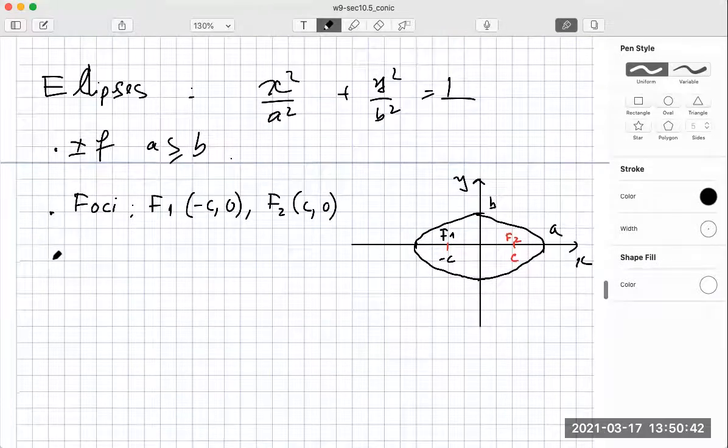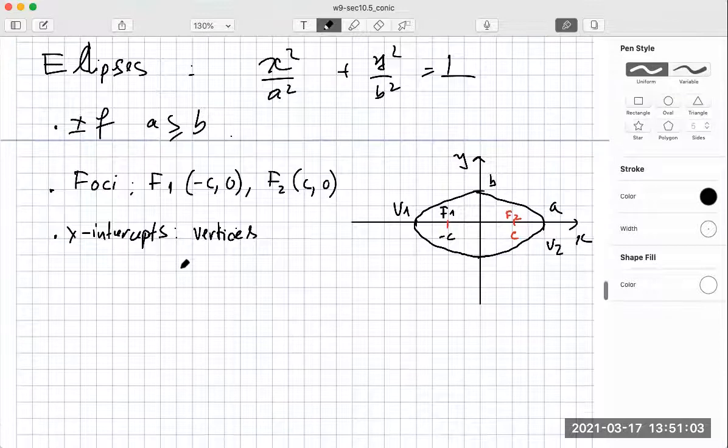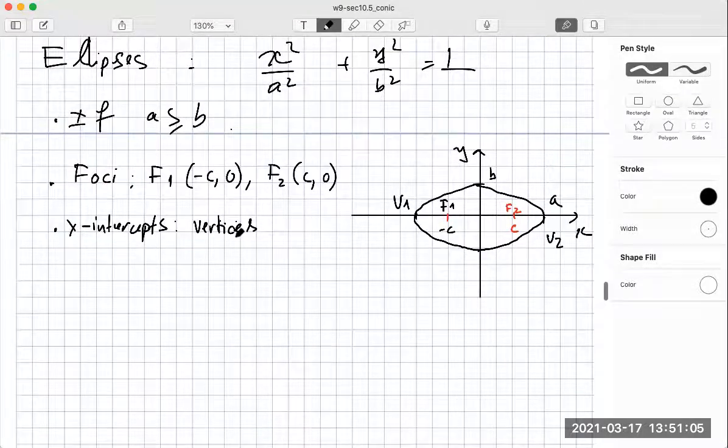And so the x-intercepts, right? Or in this case, we call them vertices. We call them V1 and V2 here. And what is the coordinate of the vertices here?